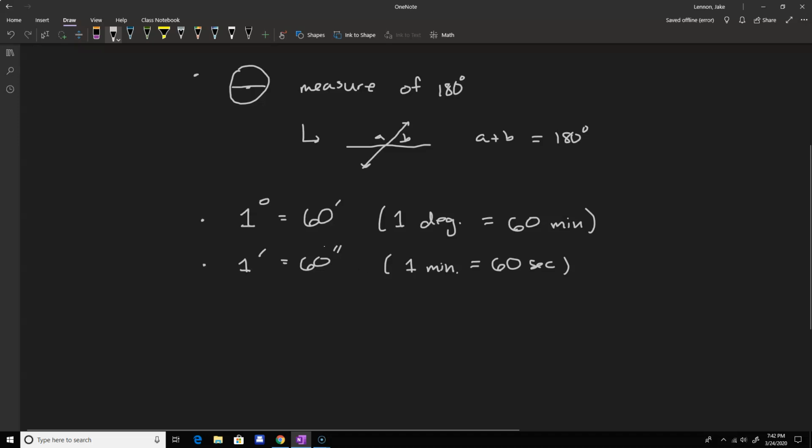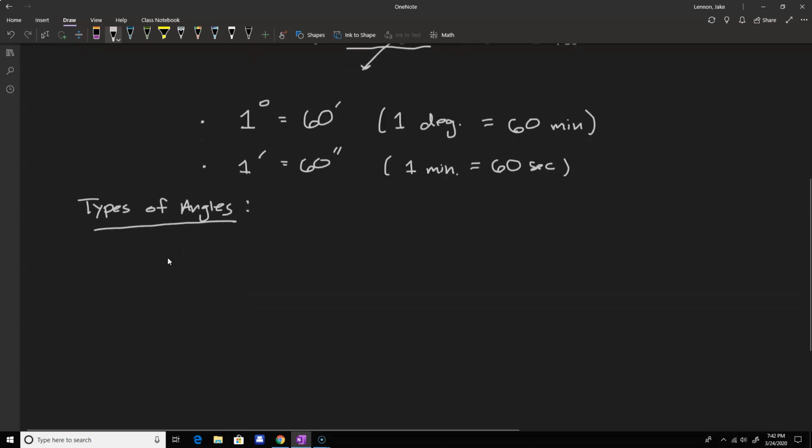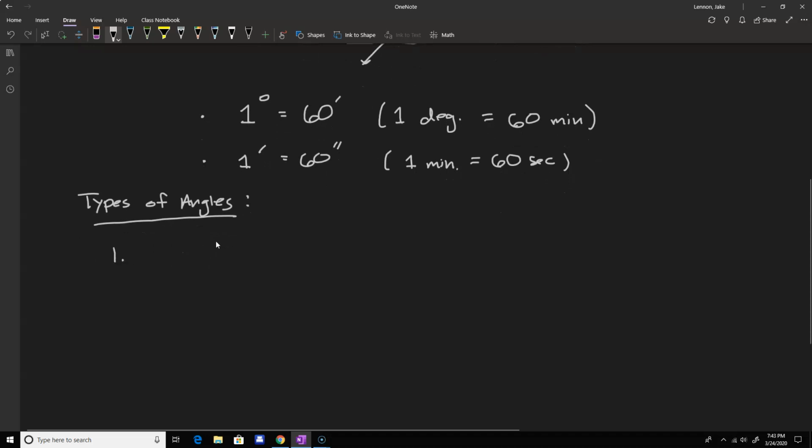So we also have some names to denote the size of these types of angles. So in terms of types of angles, we say an angle is acute if it measures less than 90 degrees. So acute means the angle is less than 90 degrees. Obtuse would mean it measures more than 90 degrees.